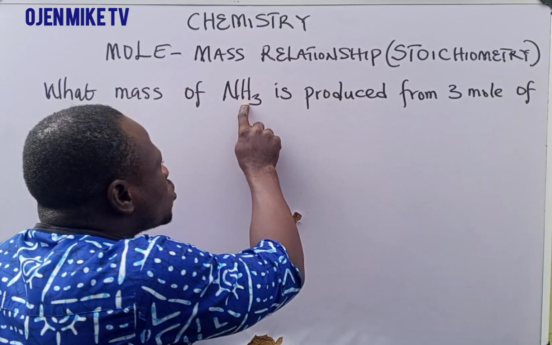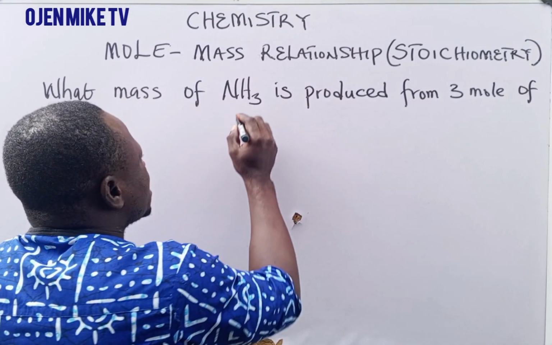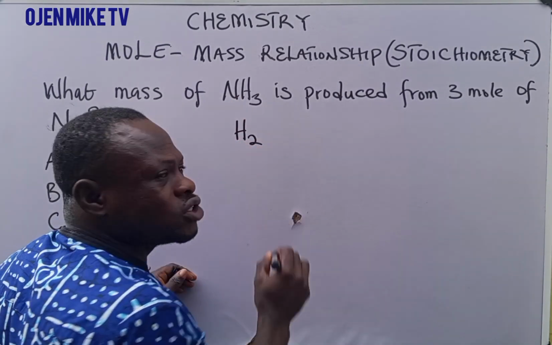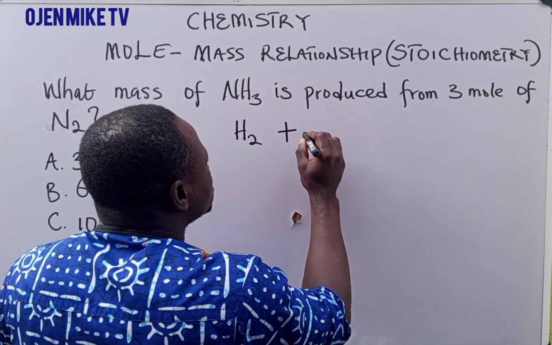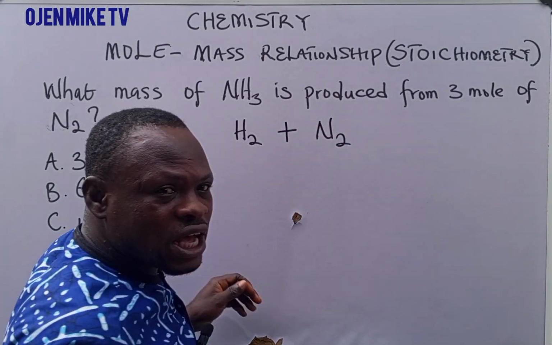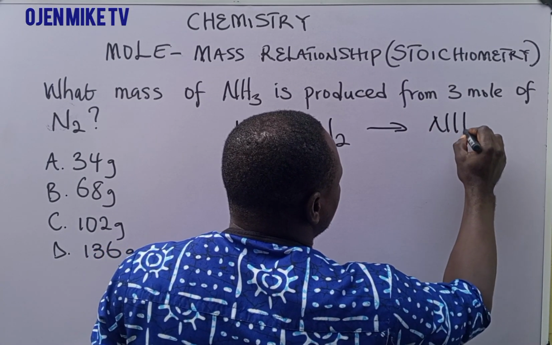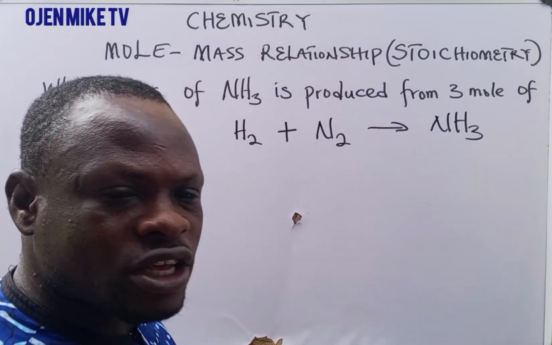Ammonia is made of hydrogen and nitrogen. When hydrogen gas reacts with nitrogen gas, they will produce ammonia. Now let's balance our equation.